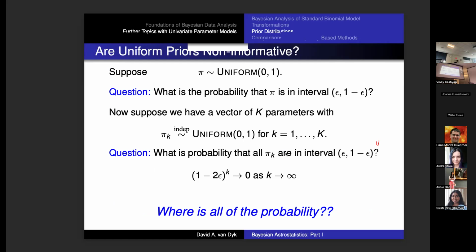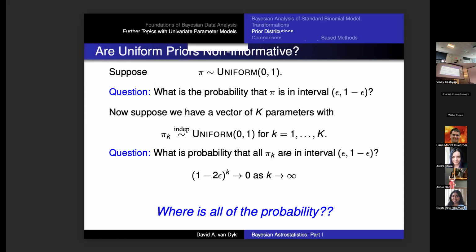You want to keep them as a possibility, but you want to be aware that when you're using a uniform prior, you have made decisions and choices that may have an effect on your analysis. Like I said before, the scale that you pick matters: if you take the logarithm of your parameter, it's no longer uniform.